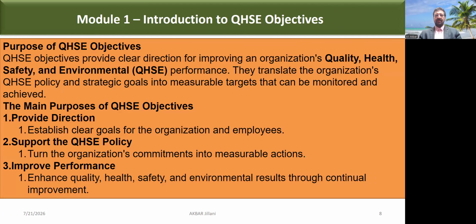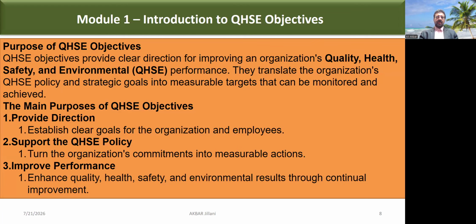Purpose. What is the purpose of QHSE objectives? Q means quality, and then there is health, safety, and environment. So we will not only have health and safety objectives, but apart from this, we will have quality and environment objectives as well as health and safety objectives for our organization.